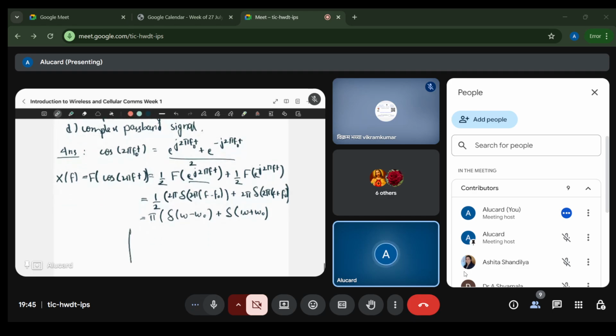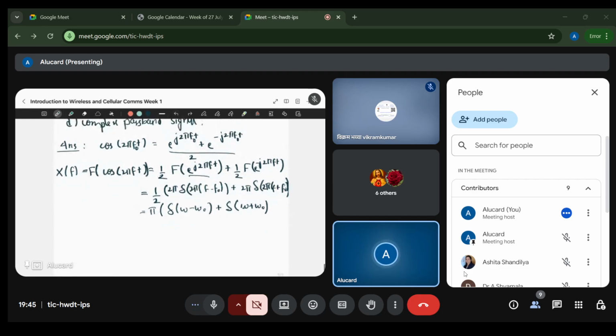So this does not have any imaginary part in it because there's no j, right? It's just a real signal. So the imaginary part of this is just empty. It's zero everywhere. It's x of f versus f.